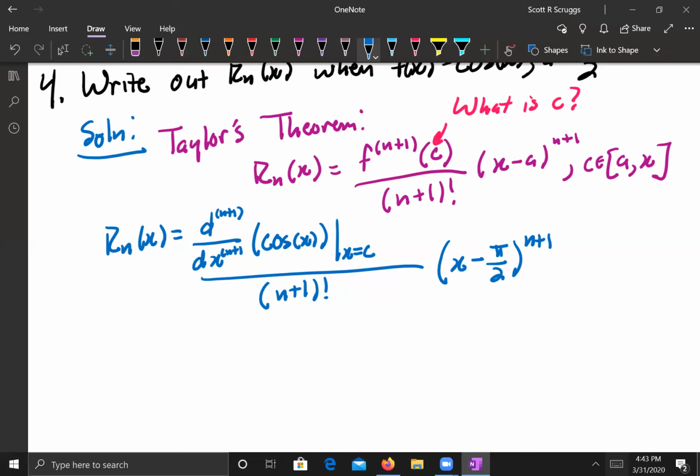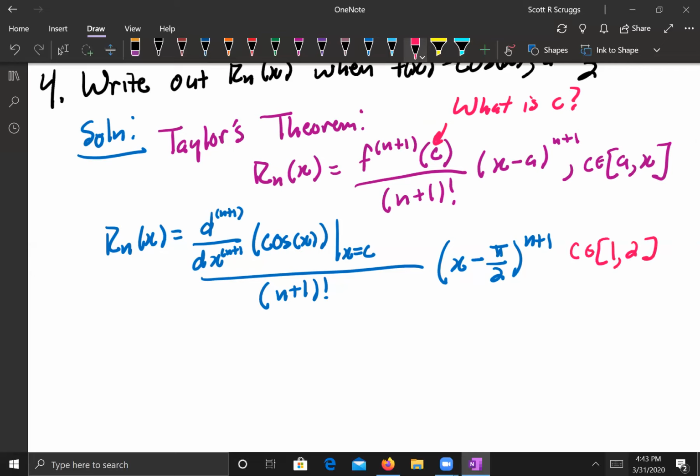Even with the final answer, I claim that c is still too difficult to find, and that's because c has a lot of variability in there. So as one example, let's say c was somewhere from 1 to 2.